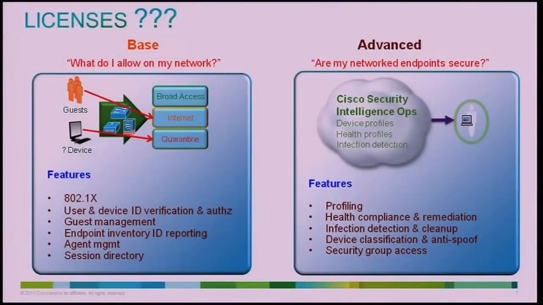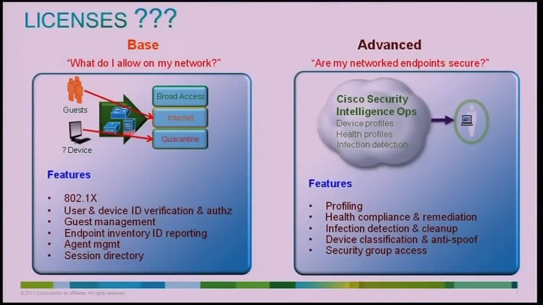Right. So talking about licenses, what kind of licenses are required for this? Yeah, that is a very good question, Satish. People would be very much worried. I've been asked this question a lot of times. Okay, I can deploy ISE, but what kind of license is required? Is it just one license? So I would say there are two kinds of licenses: one is base license and one is advanced.